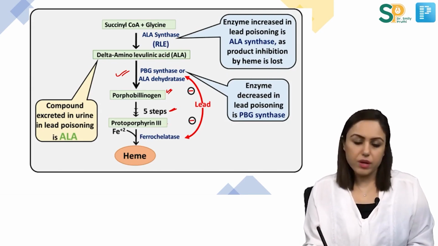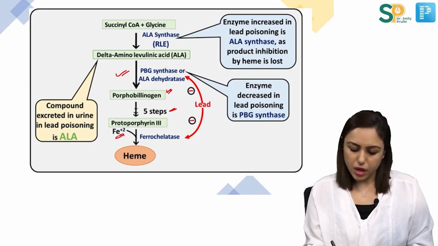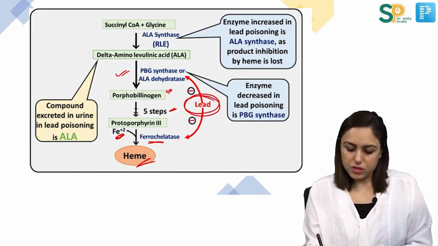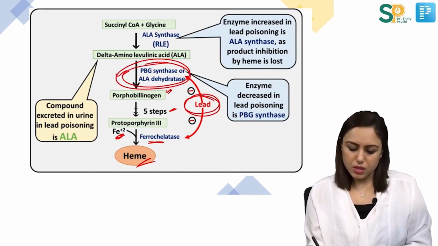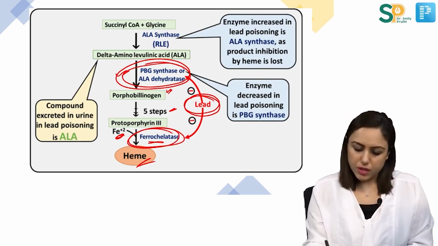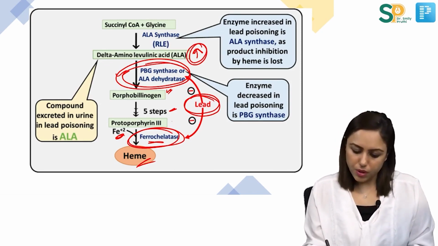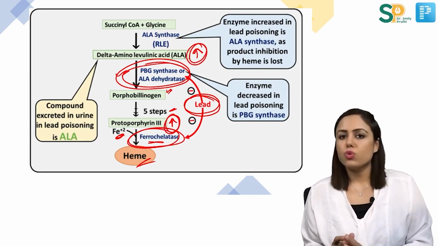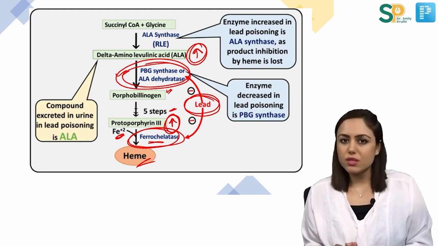Then protoporphyrin is formed, in which iron is added by ferrochelatase and heme is formed. Lead affects these two enzymes, PBG synthase and ferrochelatase. So, in lead poisoning, this compound ALA will also be raised, and this compound protoporphyrin will also be raised, right. So, the correct diagnosis of this patient is lead poisoning.